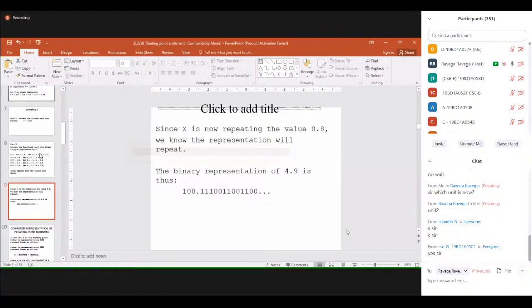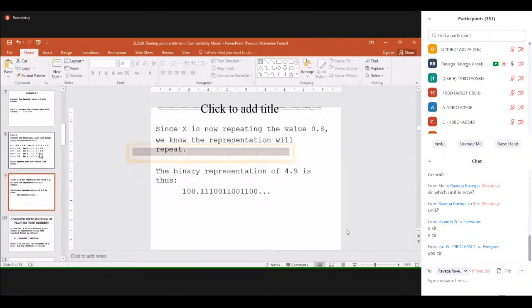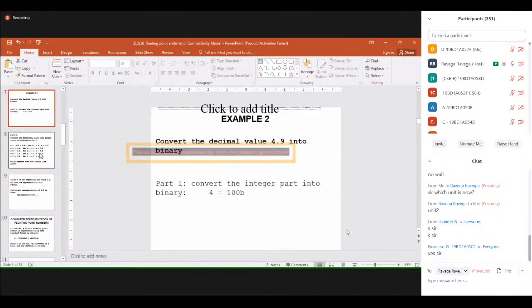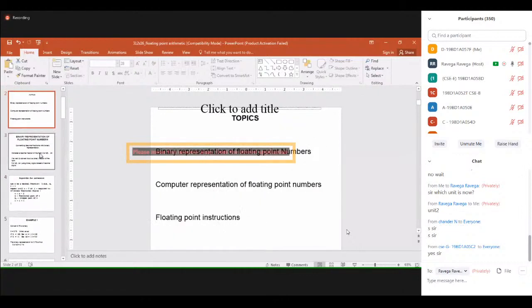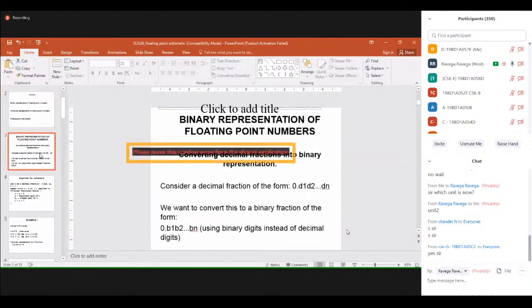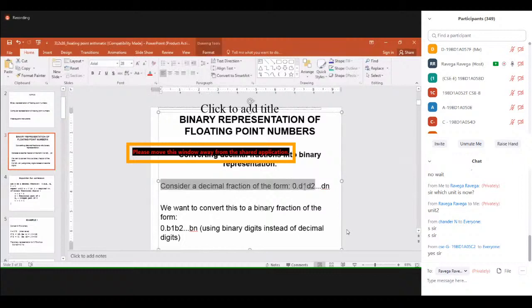Right, so that's how we go for a floating-point representation. I am again repeating what we have done till now. You are converting decimal fractions into binary representation. Consider a decimal fraction of the form 0.d1 d2 and so on to dn.